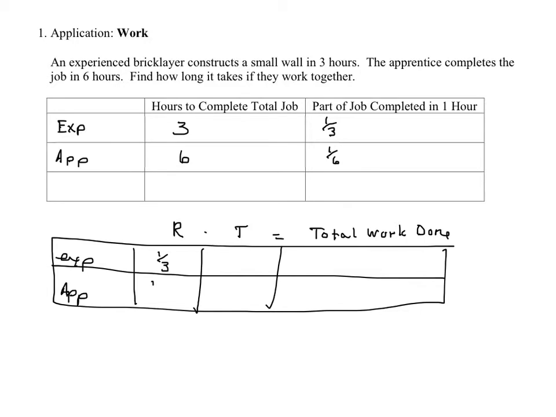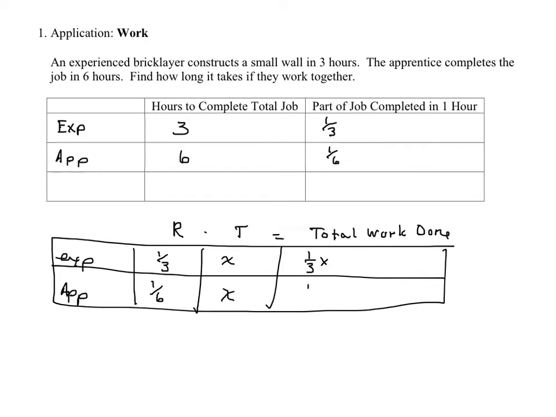The apprentice is 1/6. Now, time: they're going to be working together on this job, right? So they're each going to work some x amount of hours. The total work done by the experienced person is 1/3 x, because he works at a rate of 1/3 times the time, and that'll be the total amount of work he or she does.